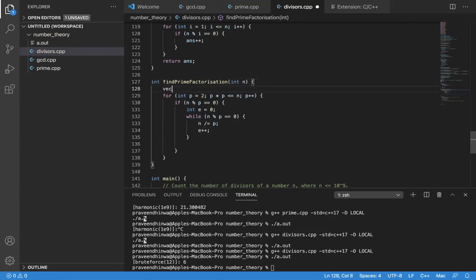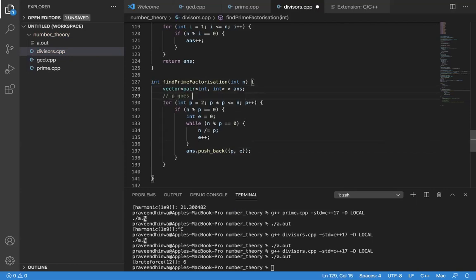So let's say a vector of pair of int comma int, prime, let's call it answer. So here you can do answer dot push_back p comma e. And in the end, p goes till square root of n.